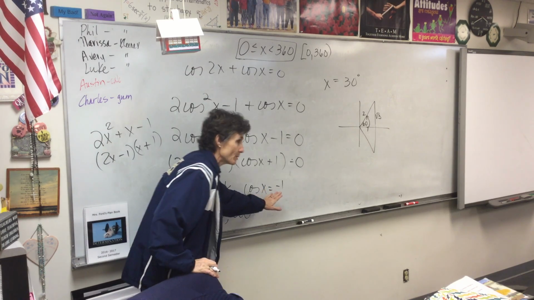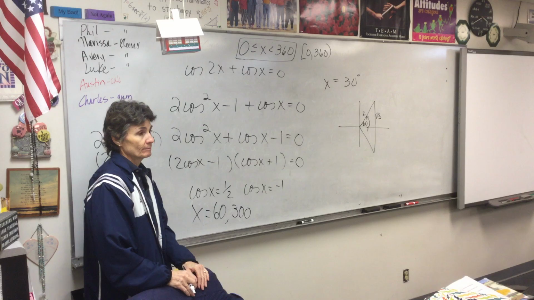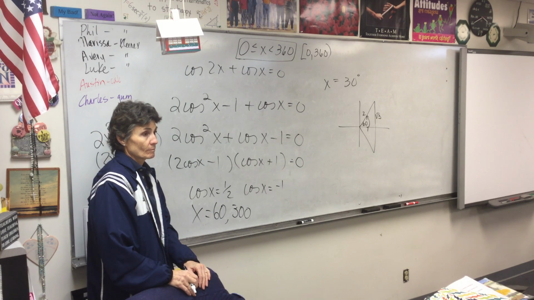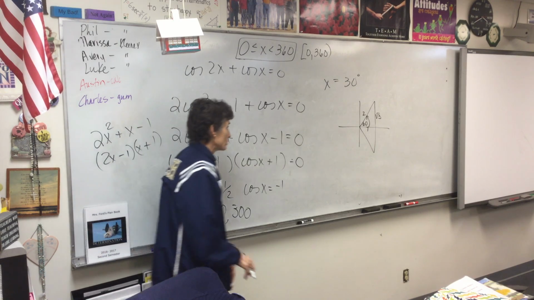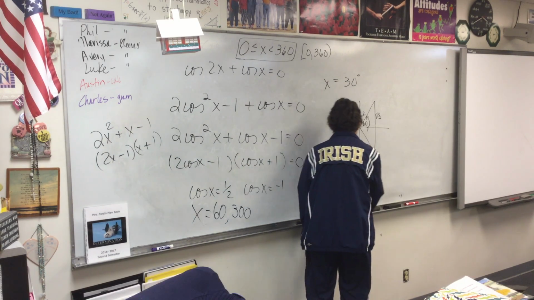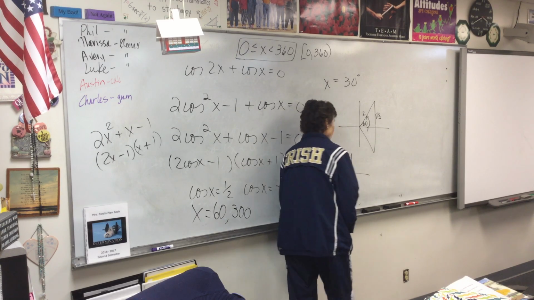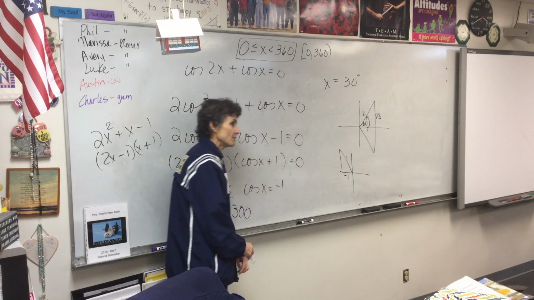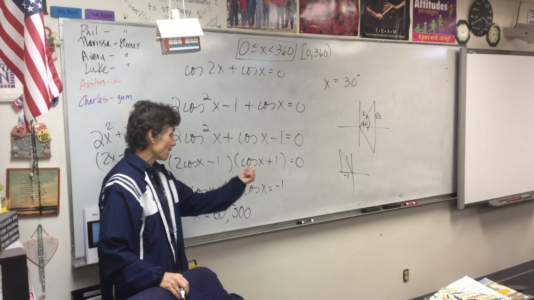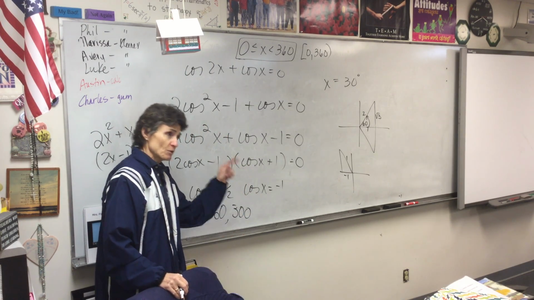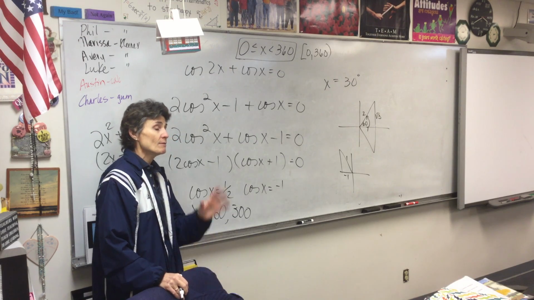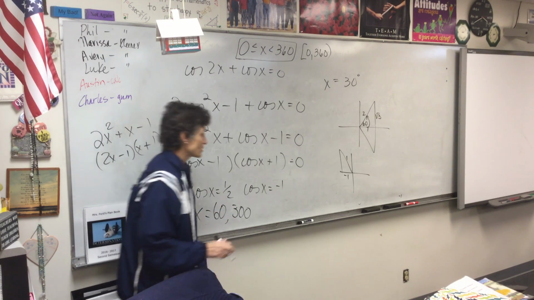Now you come over and you do exactly the same thing here. Cosine equals -1. I want you to think about that. I want you to think about a triangle where adjacent over hypotenuse is -1/1. Is that possible? No. If the triangle's not possible, then where do you look? On the circle.